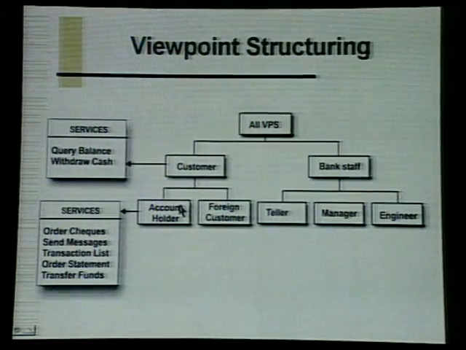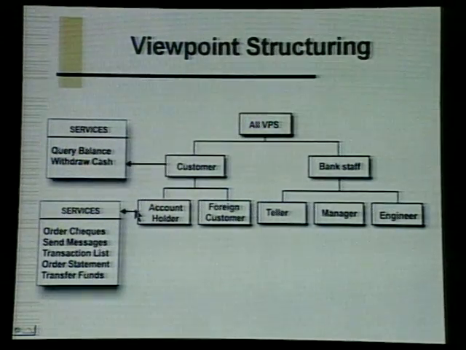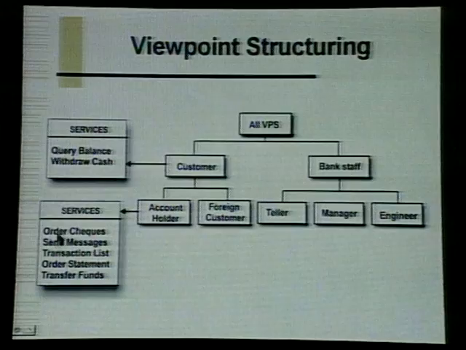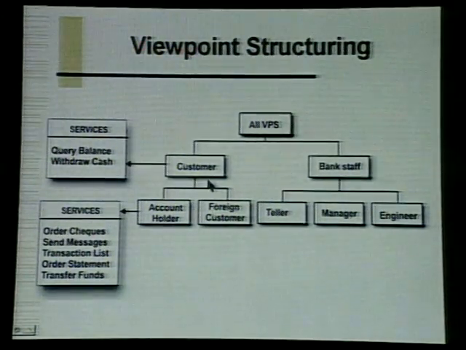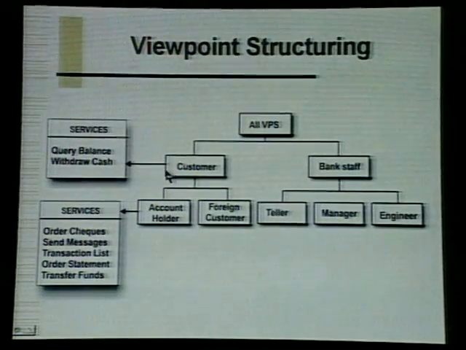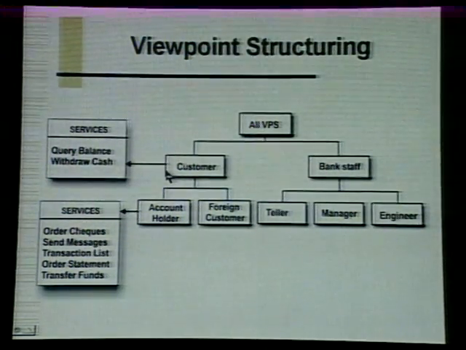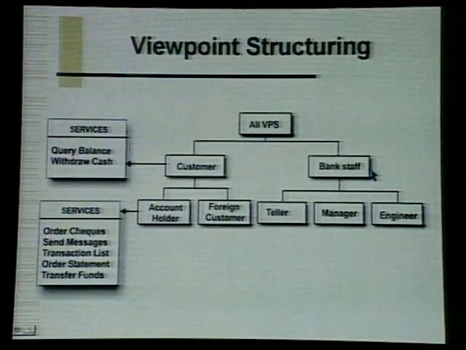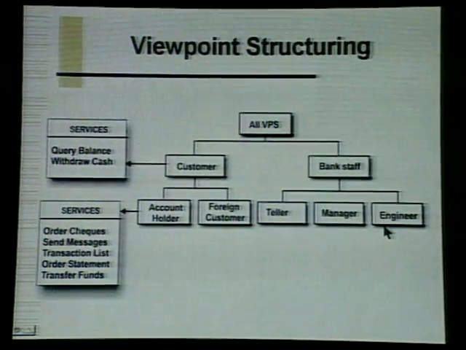Then the sub-viewpoints, which are the account holder and the foreign customer, we also have to mention which services they can use. An account holder can use order check and the rest of the services in addition to the services which are used by the viewpoint just above it. That means a sub-viewpoint inherits all the services of a viewpoint which is above in the hierarchy. In a similar fashion, we can mention the services required by other viewpoints. So that's what we do in the viewpoint structuring.